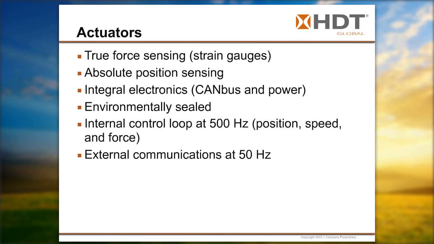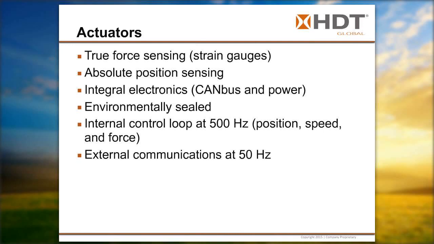So in all of the electronics, everything that needs to happen, you basically put CAN bus and power into this thing, and it takes care of whatever it's supposed to do. You can also pump gigabit Ethernet through it. The internal control loop runs at 500 hertz, and it'll control position, speed, or force.